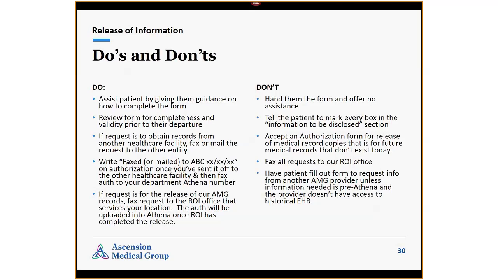For example, we have two legacy EHRs in our clinics, Cattails on the ministry side and GE-EMR on the affinity side. So providers in the two regions can't necessarily see those legacy systems or those legacy records. In that case, it would be appropriate to request.